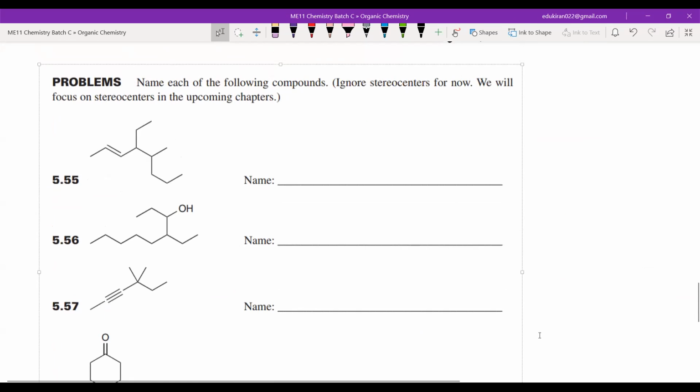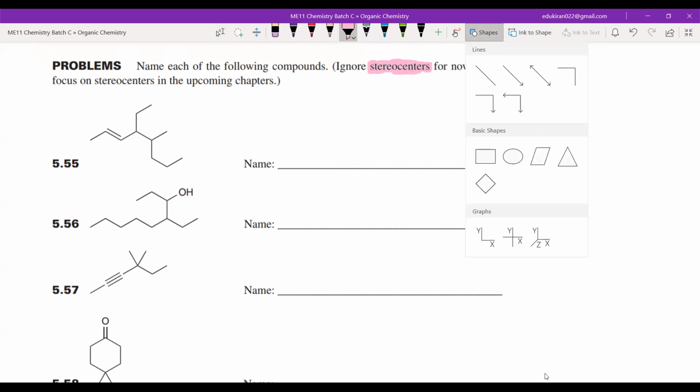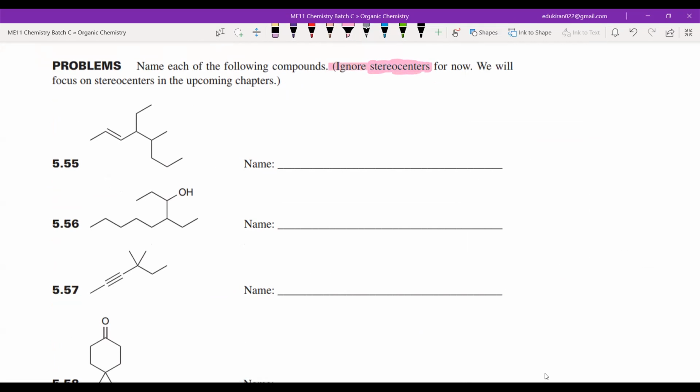Okay, so you write the question. You have to name the following compounds. It is written that ignore the stereocenters. That means you don't have to consider the stereochemistry as of now. So maybe you can cut this line. You don't need this because you don't know what stereocenters are.